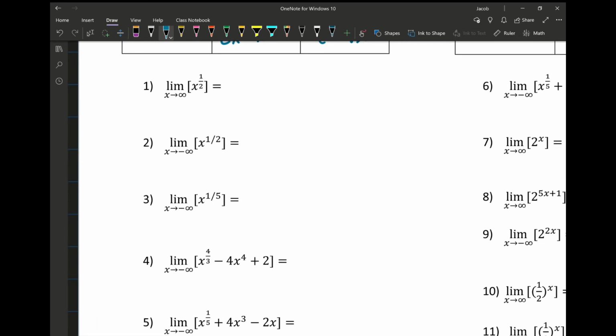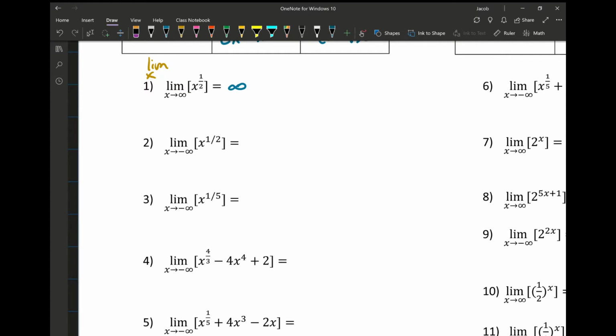So if we look at the end behavior on x to the 1/2, this is just radical x. So the limit as x approaches infinity is going to be infinity. Radical x grows very slowly, but it does get closer to the y values infinity. Now, based on how we were looking at limits in the first place, we had to look at the left and right side of the value in question.